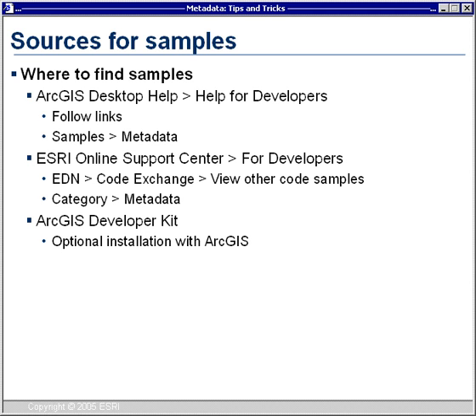That's the repository for these samples. Or if you've installed the ArcGIS Developer Kit, you'll already have the samples. Be aware, though, that the online resources are dynamic and may contain samples that were created after the release of the software. In the demonstration, I'll show you one way to find these samples.